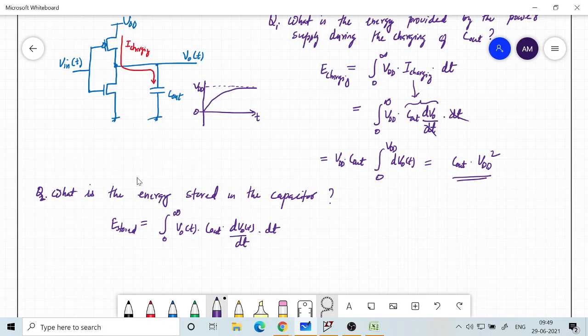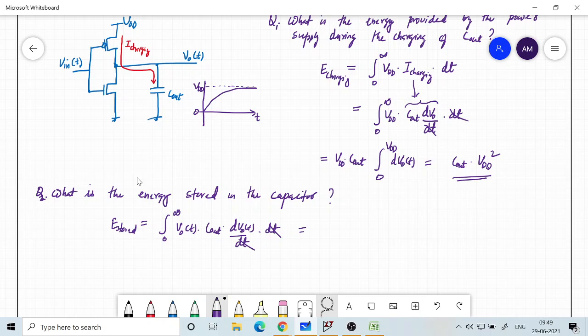Okay. So the only difference is that earlier when we calculated the power or the energy provided by the source, we took the voltage as VDD, but now we are looking at energy getting stored in the capacitor, so we have to take the voltage across the capacitor, not the voltage provided by the source.